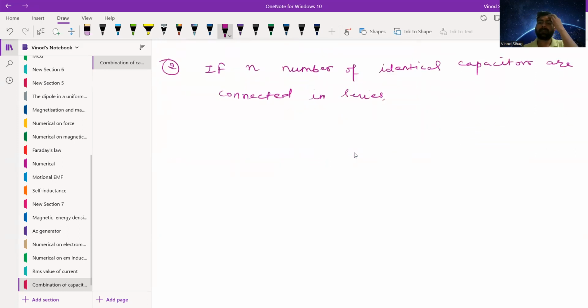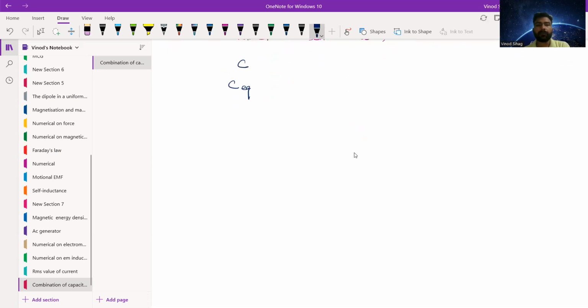This time we will write identical capacitors of capacitance C and equivalent capacitance as C equivalent. So the equation will be 1 upon C equivalent equals 1 upon C. In place of 1 upon C1, we write 1 upon C only. For the second also 1 upon C, and for the third also 1 upon C, and so on up to 1 upon C, n times.